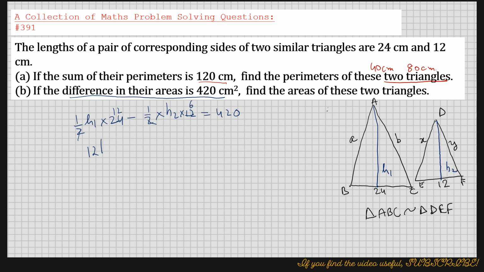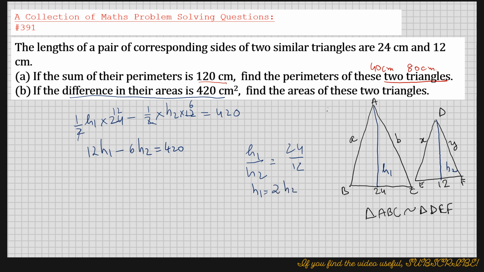So 12h1 minus 6h2 is 420. Now, because it's similar, even the heights would be proportional to the sides, so we can write h1 out of h2 is 24 out of 12.